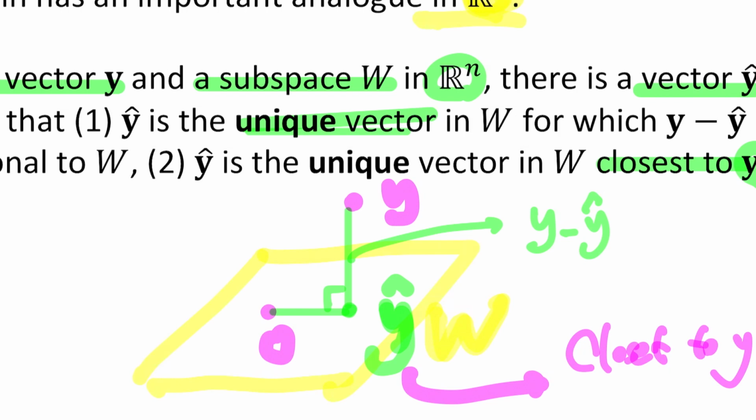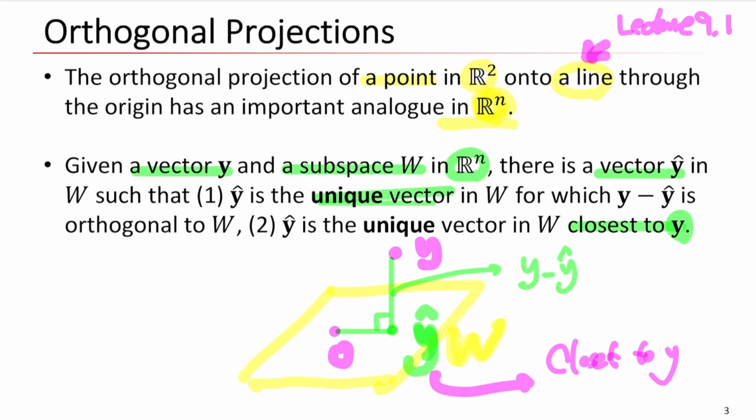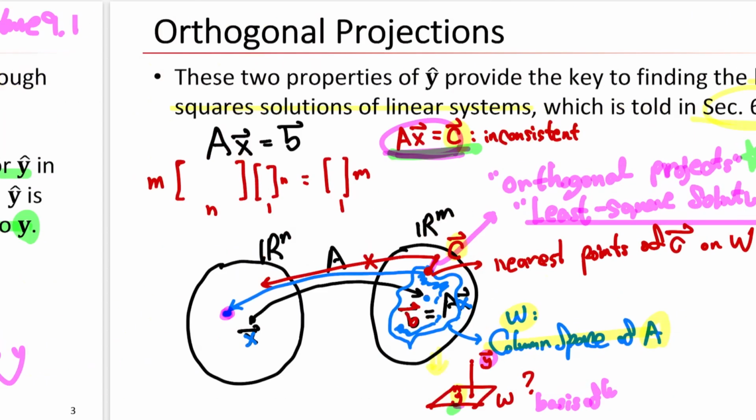What you want to do is to find the projected vector y hat in the W space. This y hat vector is the unique vector, and y minus y hat gives the closest length between the given vector y and the subspace W.